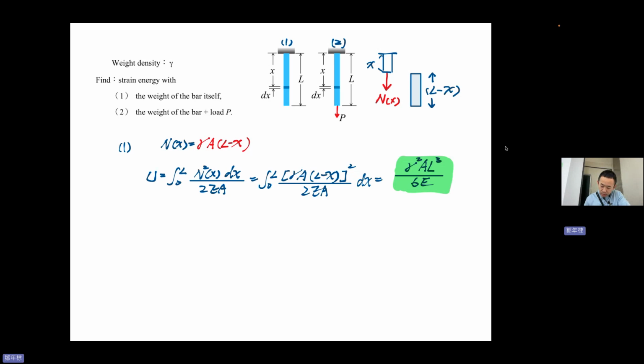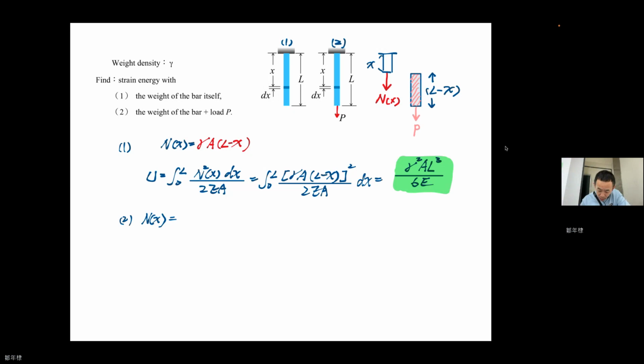Okay, the second one. How about the second one? N(x) with the P, right? So now you will have the second case.